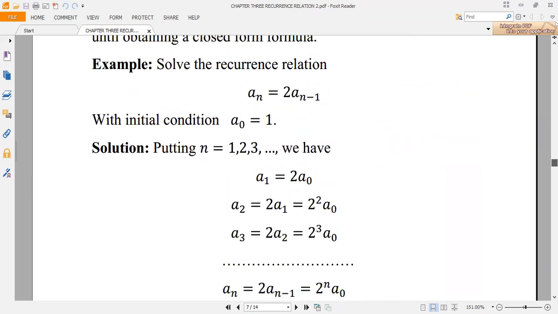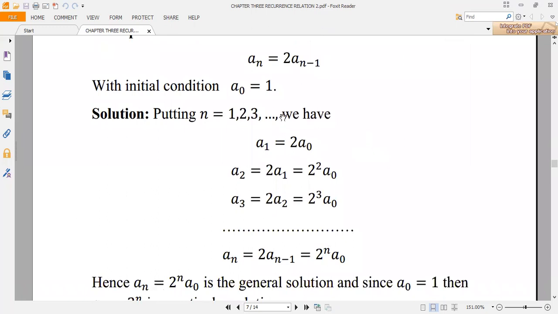When n is equal to 1, it becomes 2 times a naught. When we substitute n equal to 2, it becomes 2 times a1, where a1 is 2 times a naught, which is 2 to the power of 2 times a naught. And a3 will be 2 times a2, where a2 is 2 squared a naught, so a3 is 2 cubed a naught.